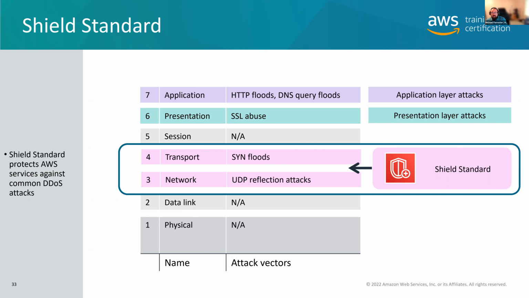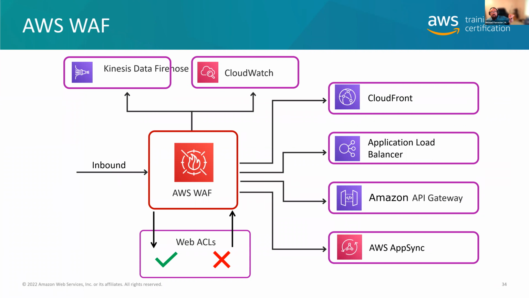So Shield is in line. It's always active on every account. If you want to up it to advanced, you can. But a WAF is what you're going to use to defend against the higher layers of attacks, layer 7, layer 6.